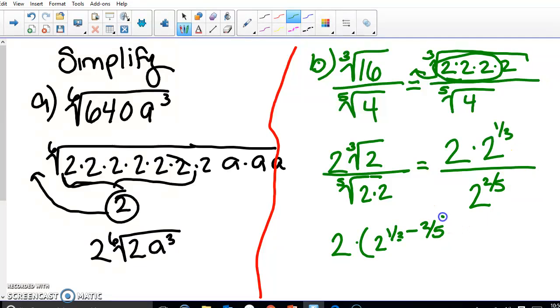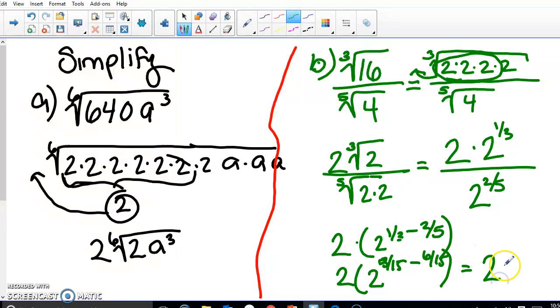Now to subtract fractions, my denominators need to be the same. So I have 3 and 5. The least common multiple is going to be 15. So I have 2 times 2 to the 5/15 minus 6/15. So I have 2 times 2 to the negative 1/15.